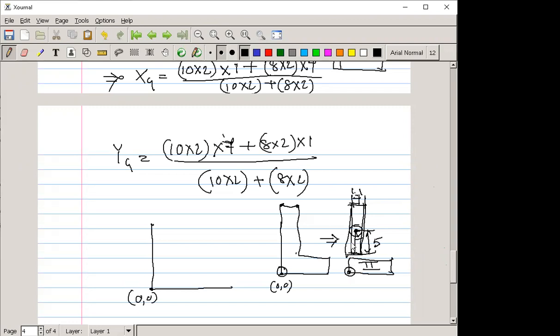Then the distance of this x1, y1 location from 0, 0: along y it is 5 and this is 2. So y1 final is the y1 plus the distance from 0, 0, which is 2. So this is 5 plus 2, 7. That is your y1 final.